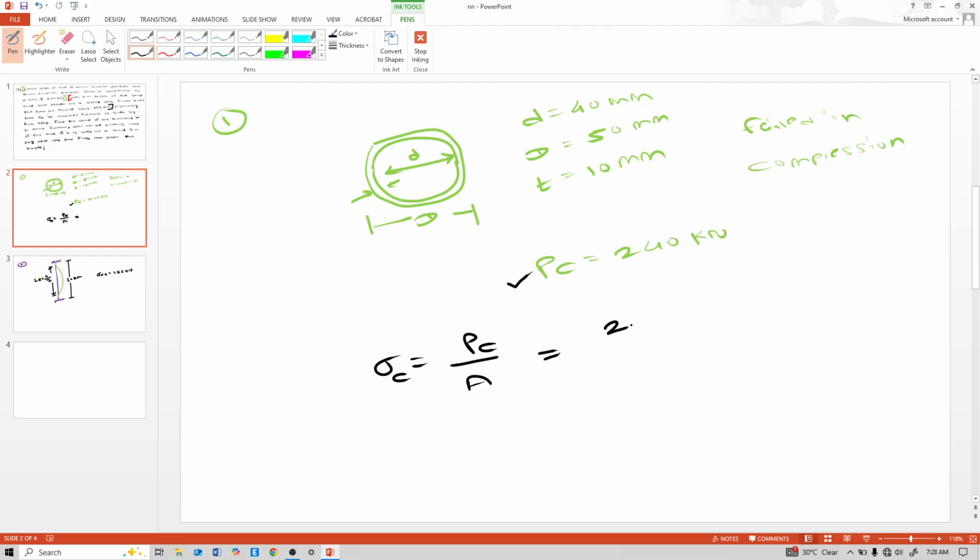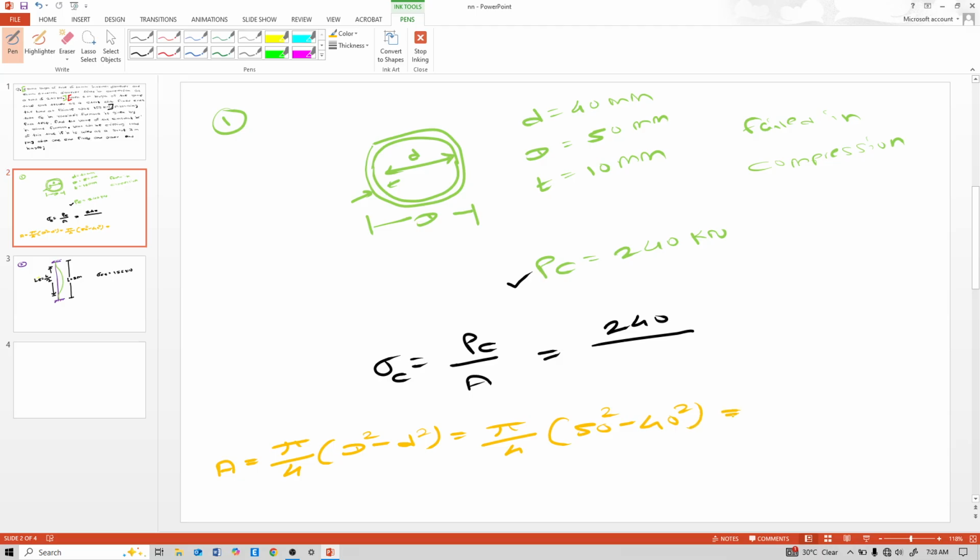So this PC is 240 kN and area. Now calculate area. Area is equal to, this is hollow circular shape, so that's why pi by 4 capital D square minus small d square. Pi by 4, capital D is 50 square minus small d is 40 square.